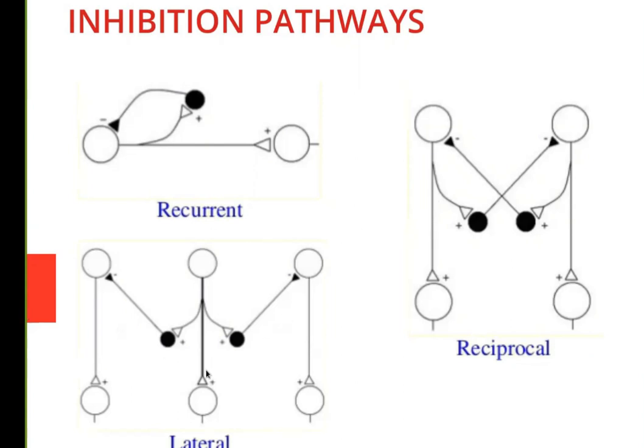The next type is lateral inhibition. Lateral inhibition may be useful in situations when we need to block many parallel pathways. It's very important and widely used in our eyeballs, in our retina.